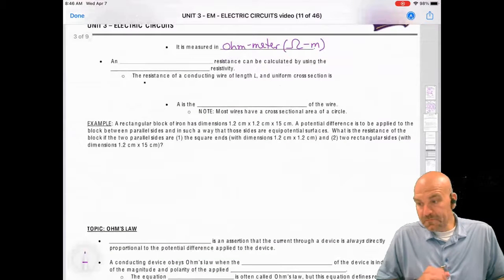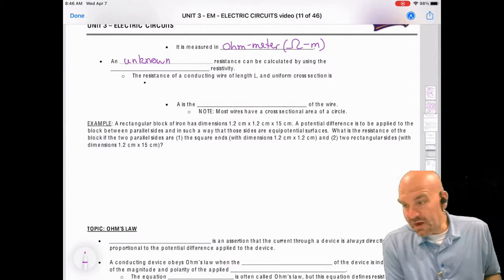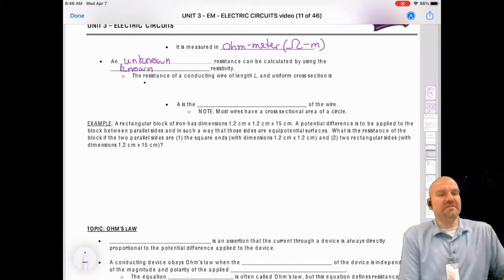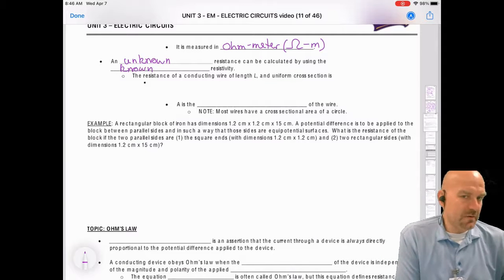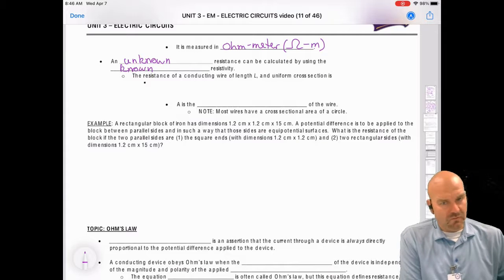Now, we can determine an unknown resistance by calculating the known resistivity. So we don't know the resistance of a conductor, but we do know the material, which means we can find the resistivity. What they actually do is look at it in terms of a wire.